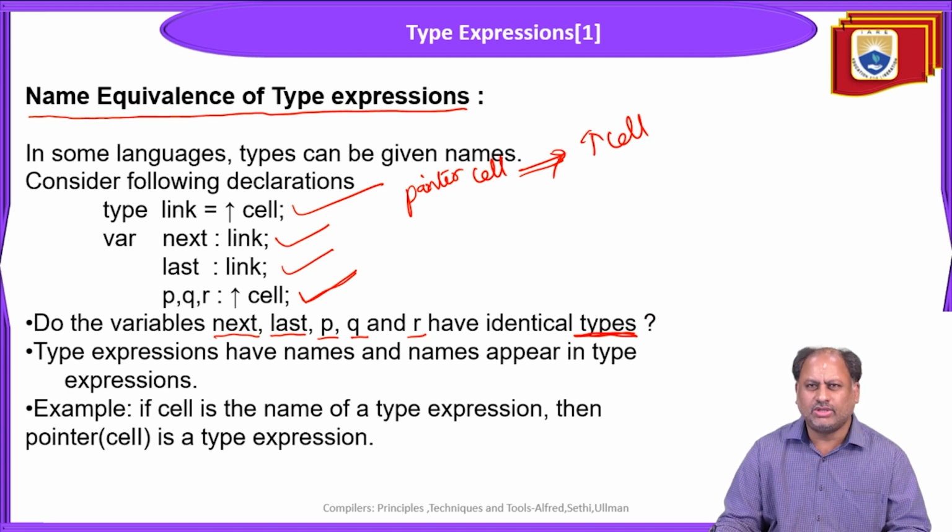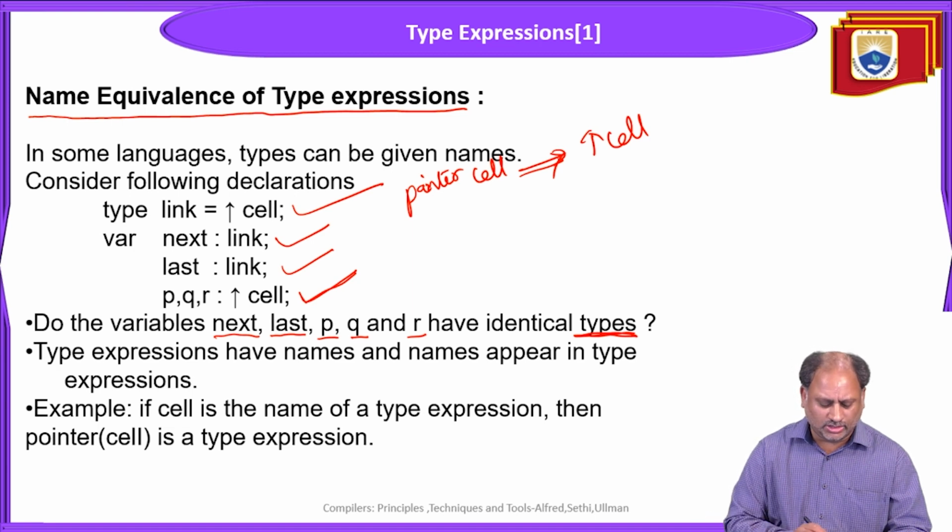We are going to determine whether these are the same types or not. If the type expressions have names and the names appear in the type expression, we verify whether the variables are really compatible with the corresponding notations and declared with the types.